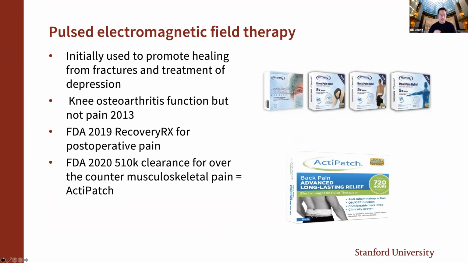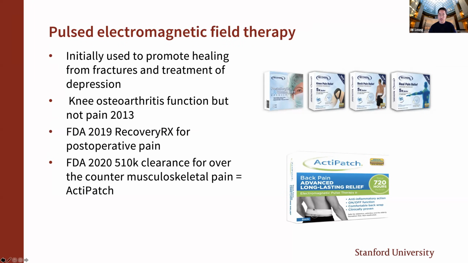There are other things that are on the market right now too that you can purchase, and those are pulsed electromagnetic field therapy. Initially, this kind of therapy was used to treat fractures or depression, but it's got approval. The FDA approved this one on the top, Recovery RX, for post-operative pain.